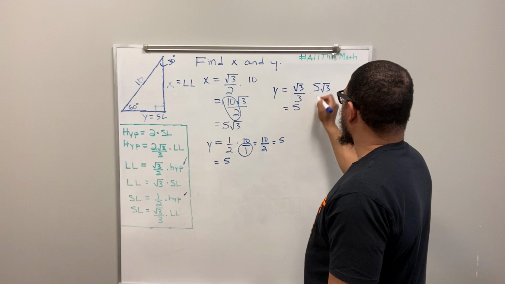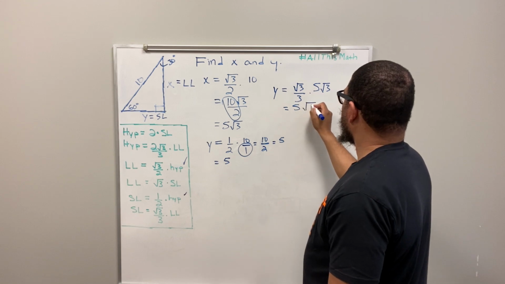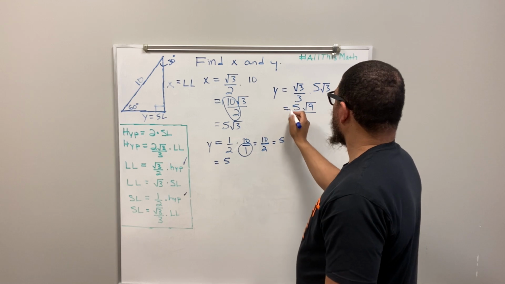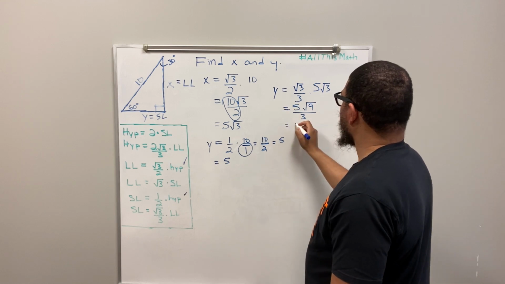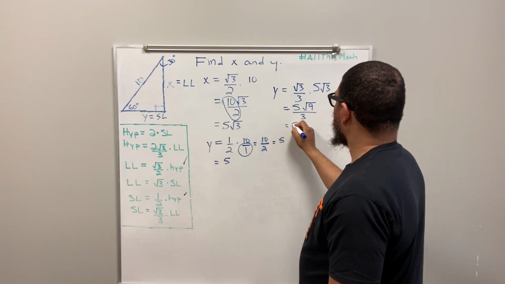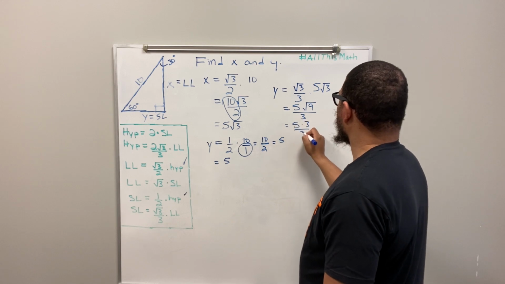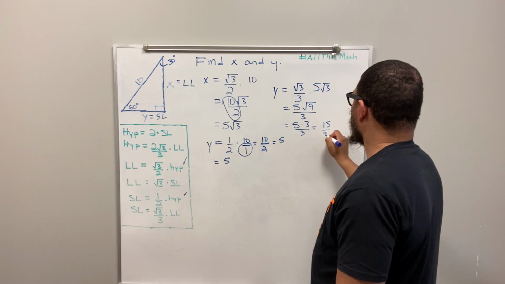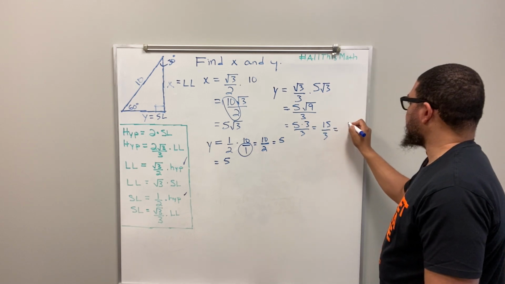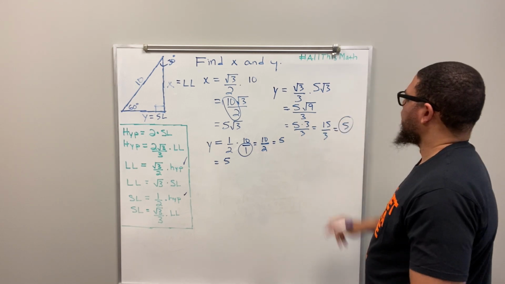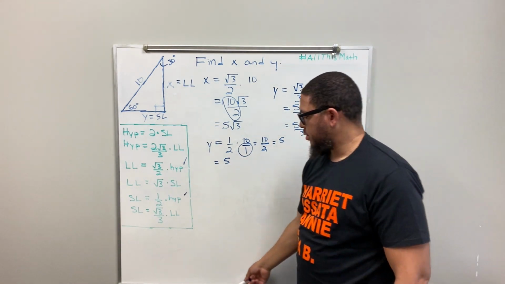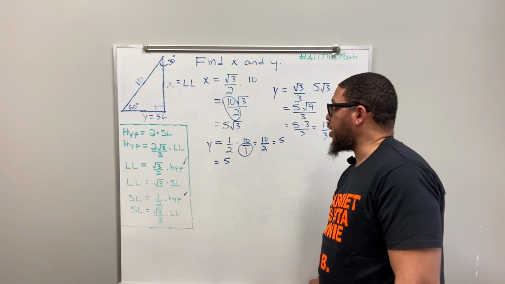And then root 3 times root 3 is technically root 9, which is over 3. And then the square root of 9 is 3. So that gives us 5 times 3 over 3, which gives us 15 over 3, which also gives us 5. All right? So that's a way to check our work and to verify that our answers are correct.